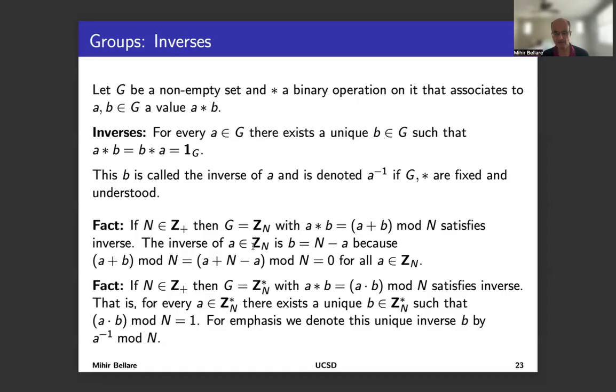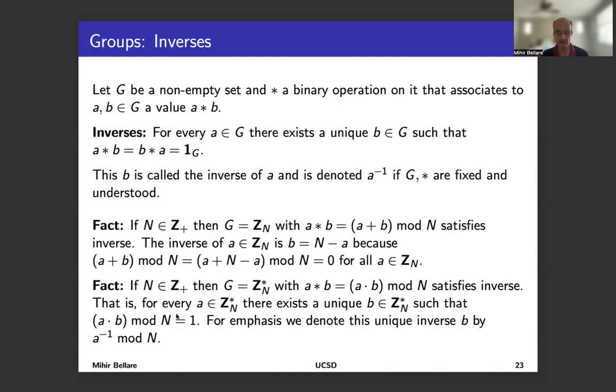Well, it's quite simple, right? It's negative A. That's close, but remember it has to be that this inverse is back in the set Zn. So negative A is a negative number, but we can write n minus A, remembering that the n is going to go away because we do mod n. So why does this work? Because if I add A and B, I get A plus n minus A, which is n mod n, which is 0.